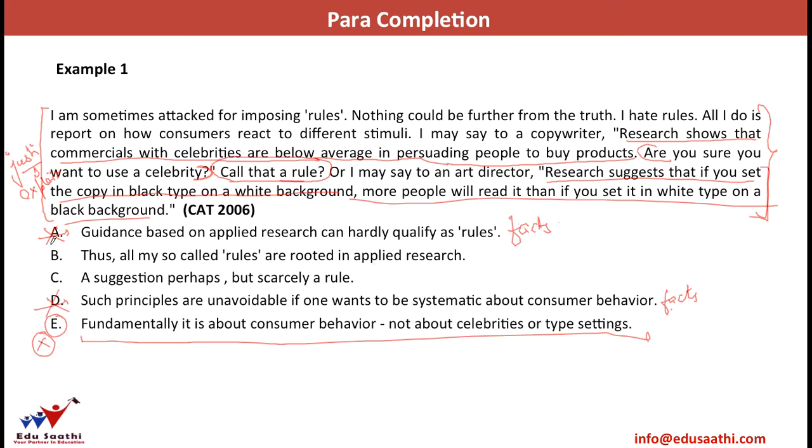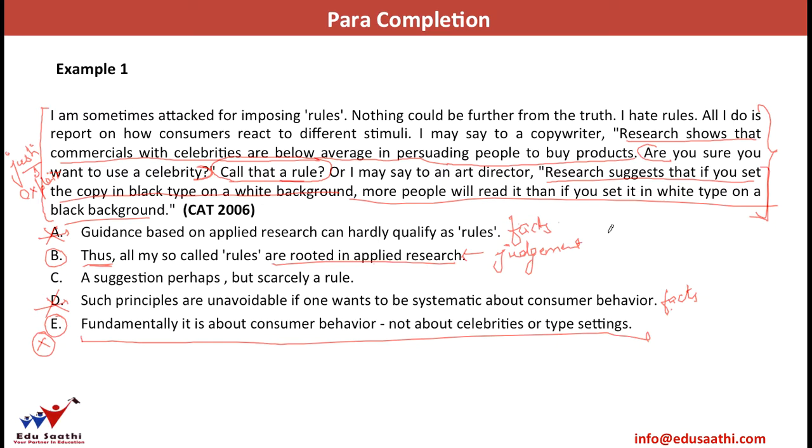Right. Now I read option B. Thus, all my so-called rules are rooted in applied research. Thus, are rooted. He is being judgmental here. He's saying how people take him to be a very rigid person in terms of his rules.